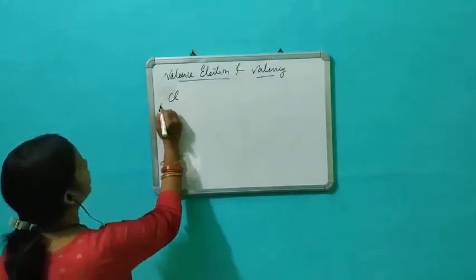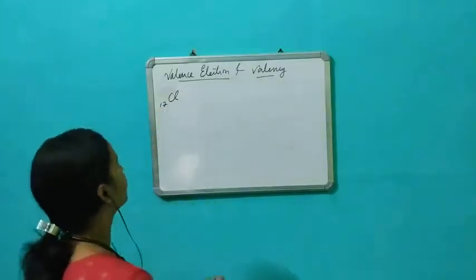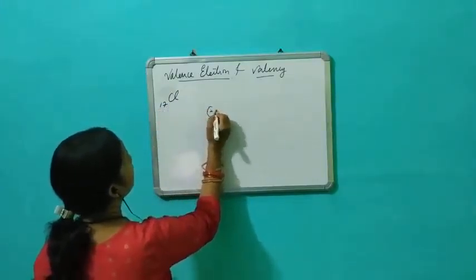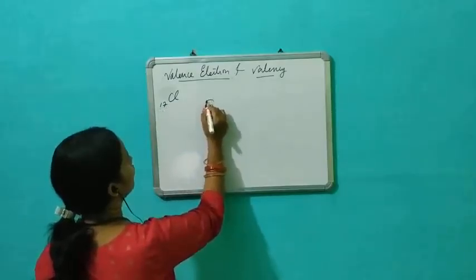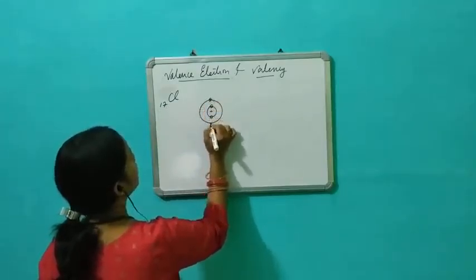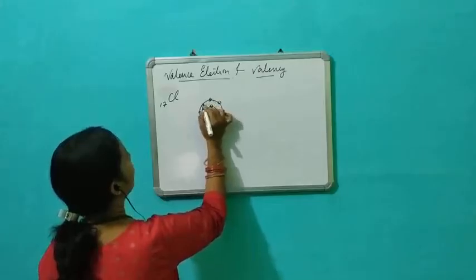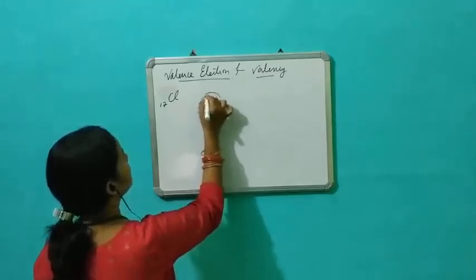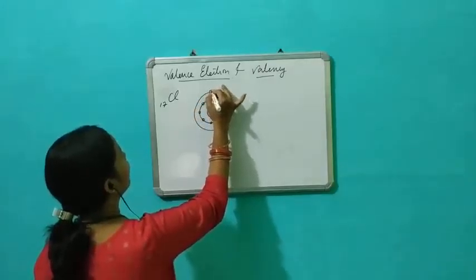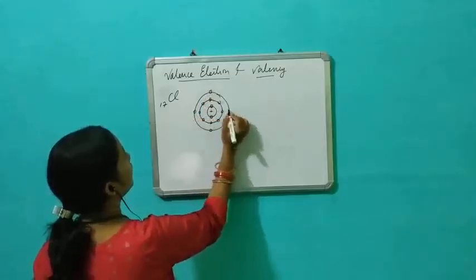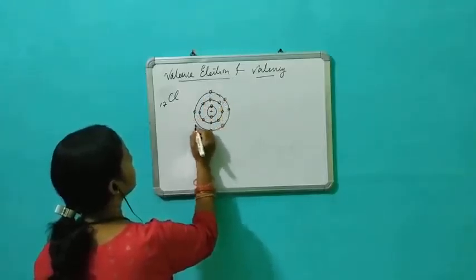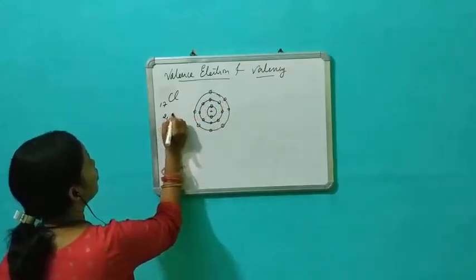Chlorine atomic number is 17. So if I draw the electron dot structure: 2, then 1, 2, 3, 4, 5, 6, 7, 8, and then it will have 1, 2, 3, 4, 5, 6, 7. That is 2, 8, 7.